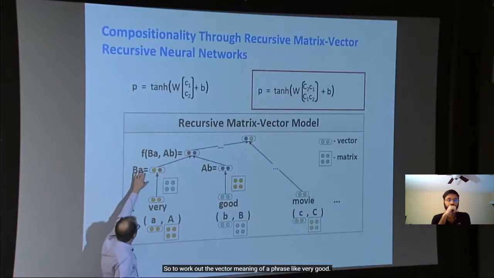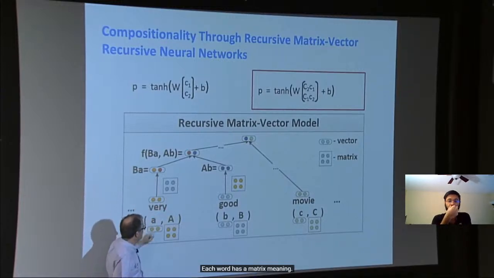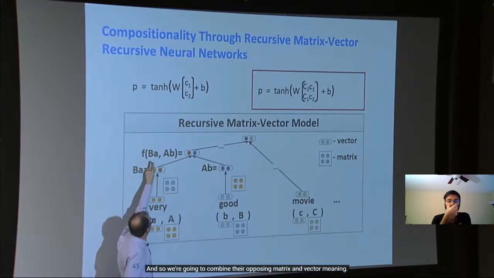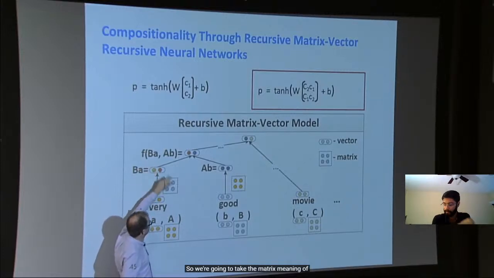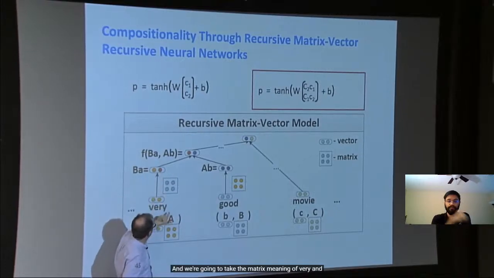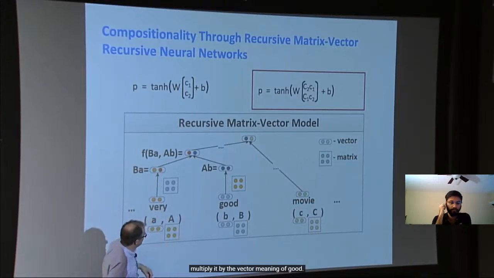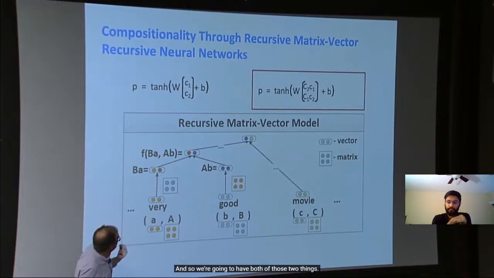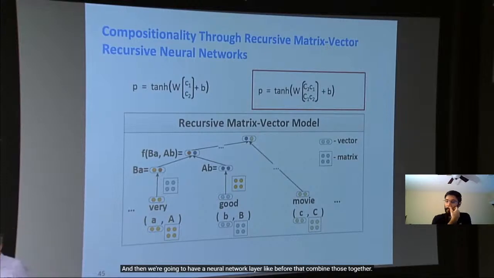To work out the vector meaning of a phrase like very good, each word has a matrix meaning, and so we're going to combine their opposing matrix and vector meanings. So we're going to take the matrix meaning of good and multiply it by the vector meaning of very, and we're going to take the matrix meaning of very and multiply it by the vector meaning of good, and so we're going to have both of those two things.